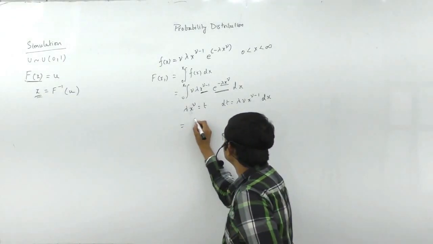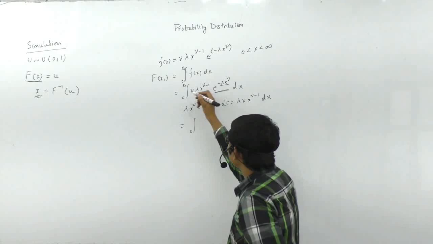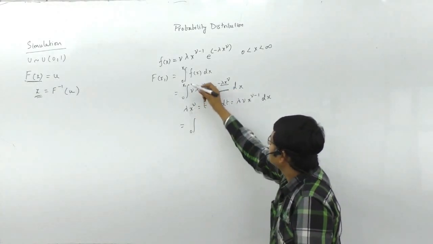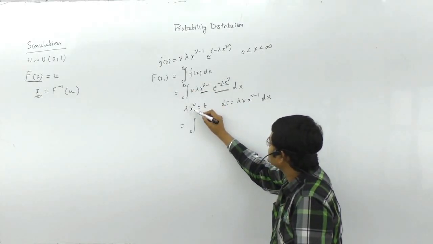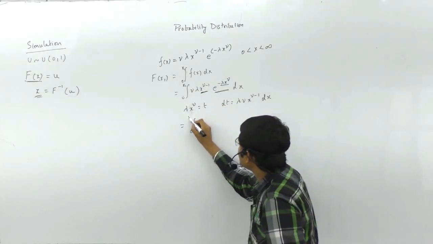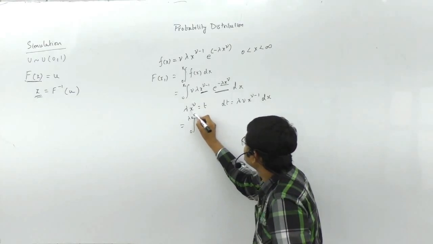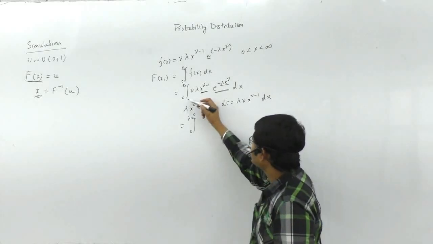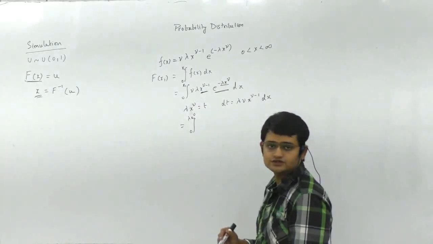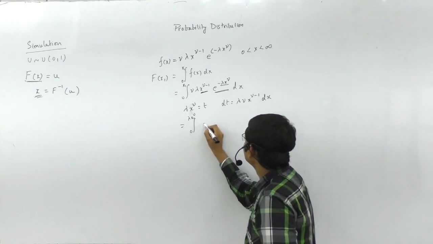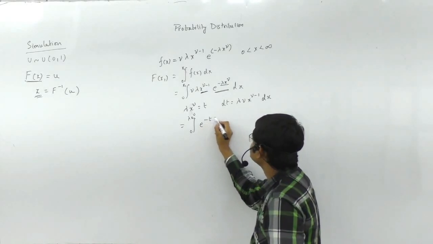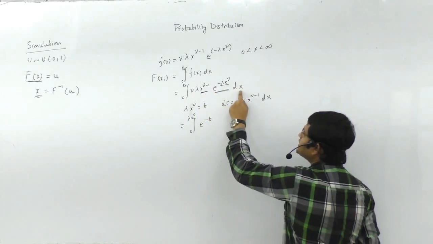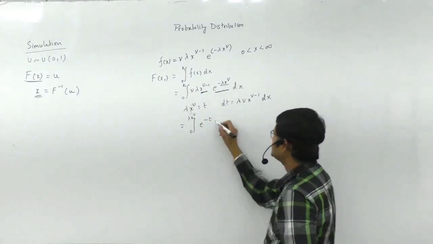So this becomes integration 0 to, now whenever you are substituting, you will have to substitute the limit too. When I put x1 here, my t becomes lambda x1 raised to nu. And at 0, I get t equal to 0. Then I get e raised to minus t, because lambda nu x raised to nu minus 1 dx becomes my dt.